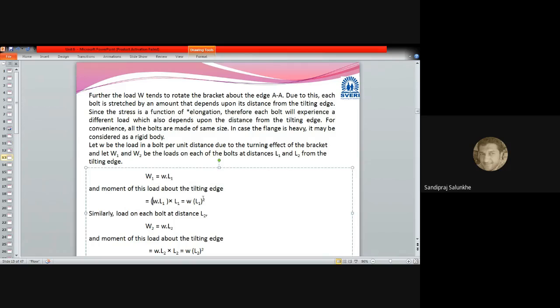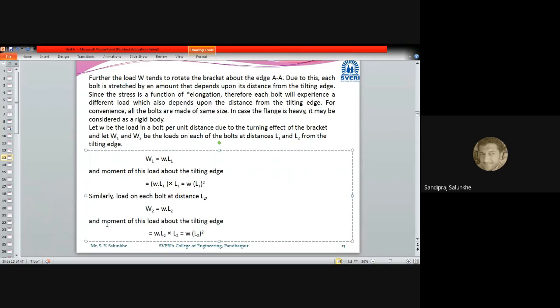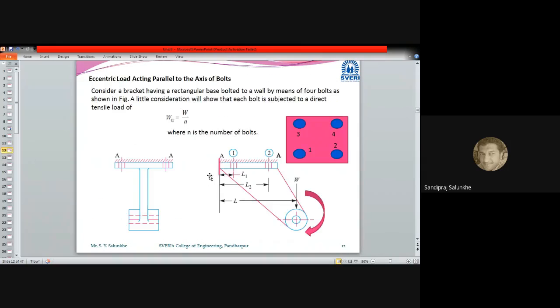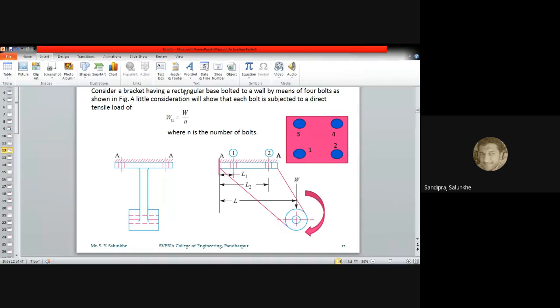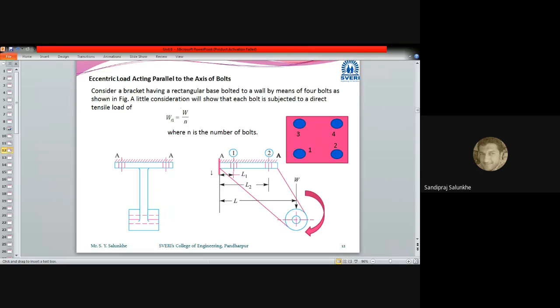Likewise, we'll calculate the load acting at distance L2, denoted by capital W suffix 2, equal to intensity multiplied by distance. If you take its moment about the red line, we'll call these points A and B. About this AB line, we are going to calculate all the moments.